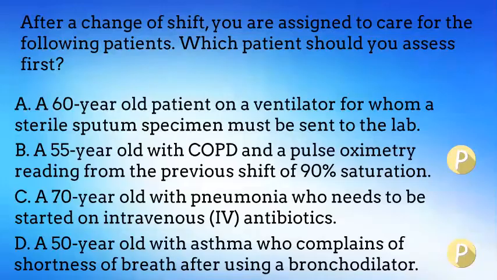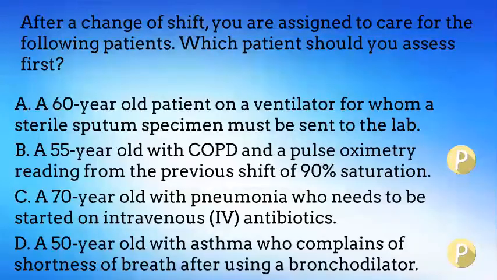So let's take a look at the two physiologic options, option B and option D. And remember, we always make our choice between the physiological priority by going through the A, B, C, Ds in order, with A taking the highest priority.